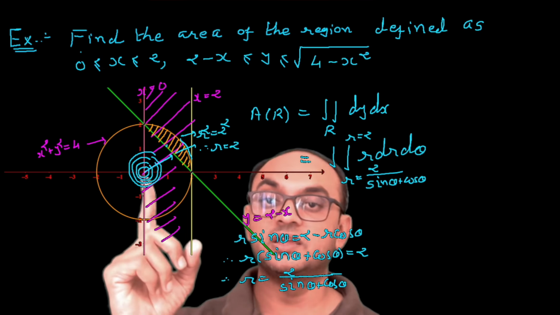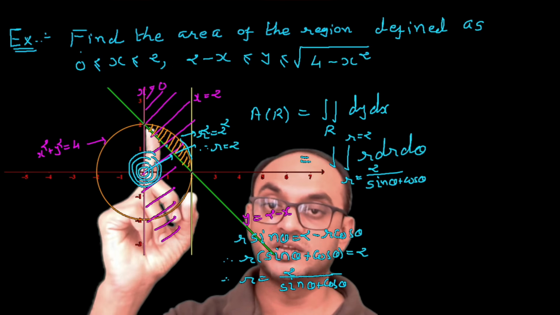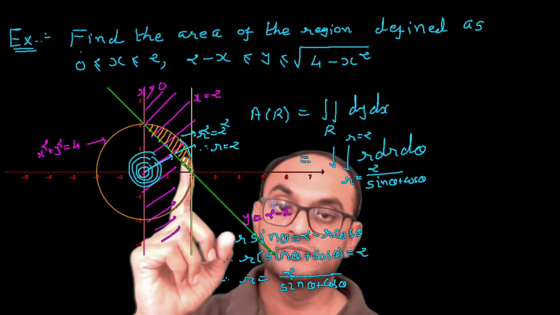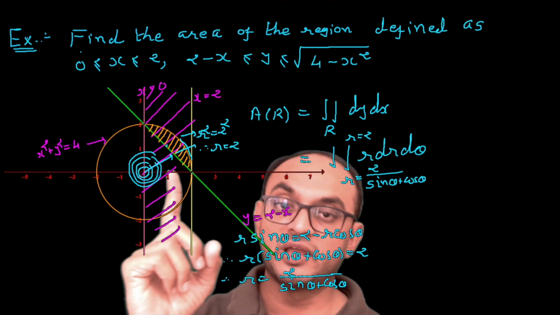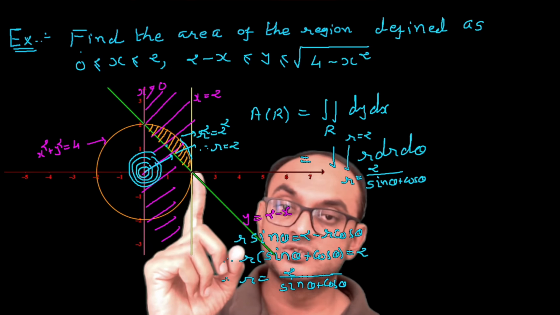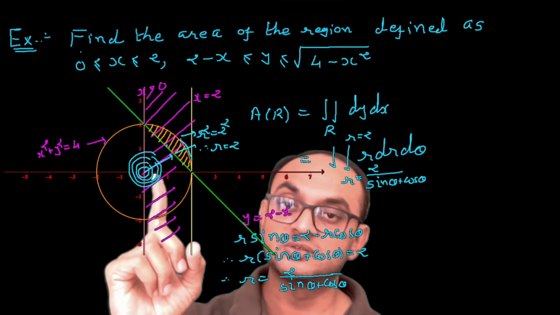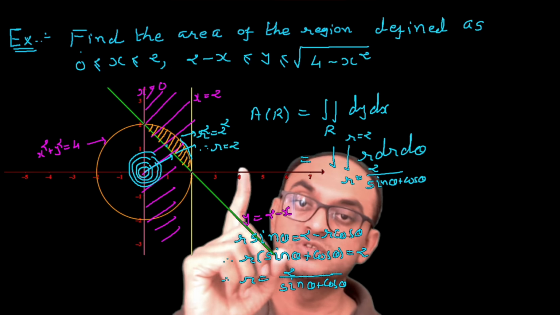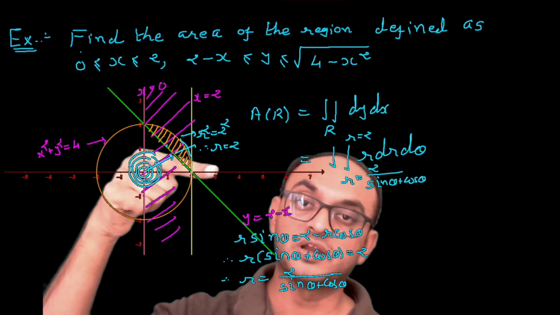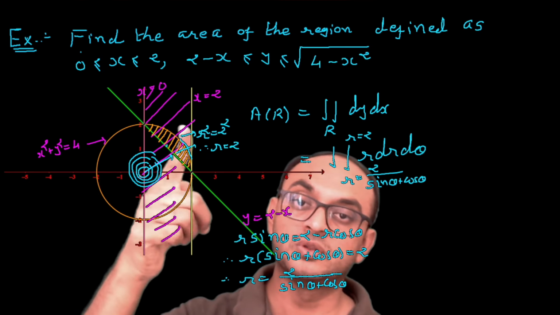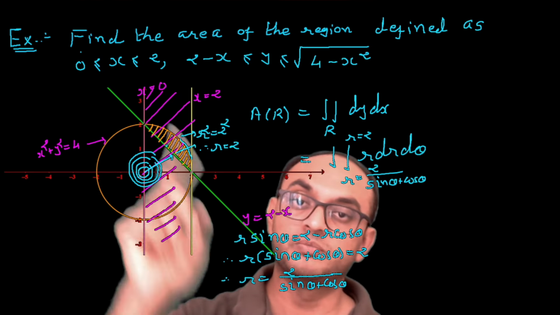What is my theta here? See, my region touches the positive x-axis as well as the positive y-axis. So this line has equation theta equal to 0. So I have to collect from theta equal to 0 to this line, theta equal to pi by 2.